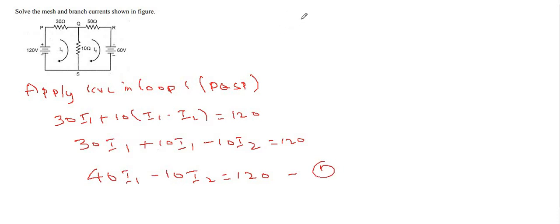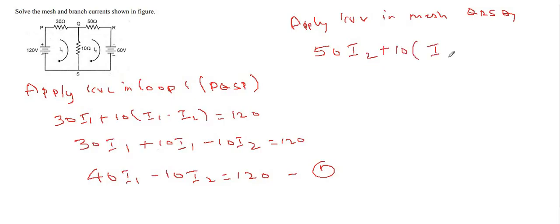So now in mesh 2 we will apply KVL. So apply KVL in mesh Q, R, S and Q. So here we'll get 50 into I2 plus 10 into (I2 minus I1) is equal to, and here we see the direction of current, it is leaving at the negative side, so it is minus 60.